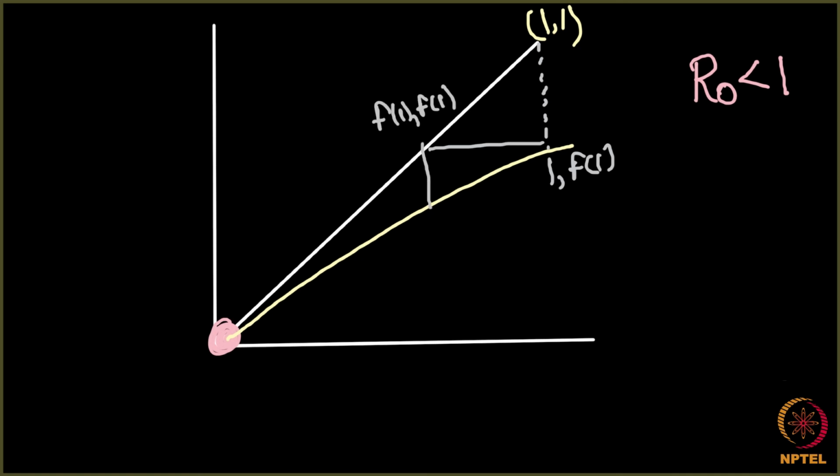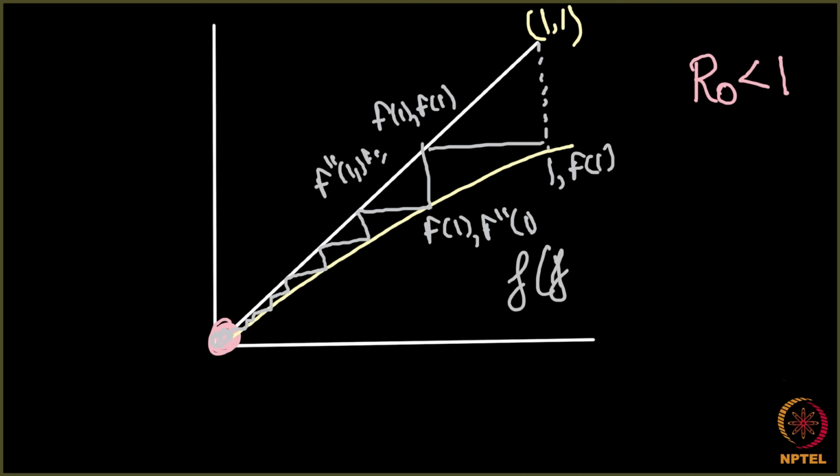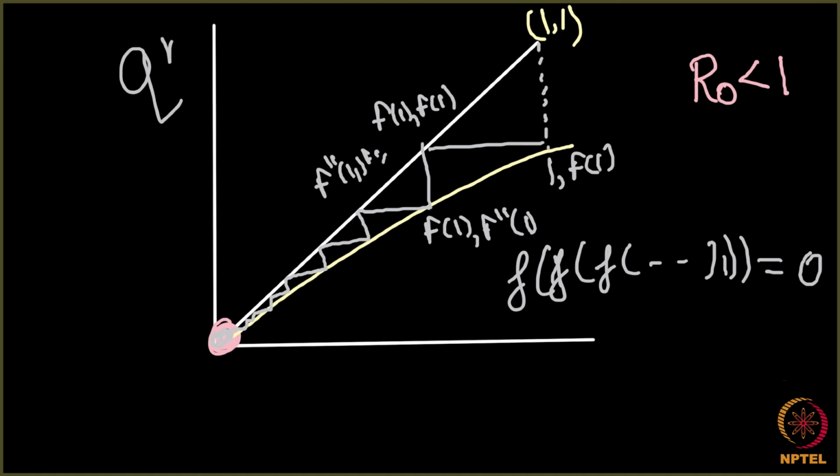Then I come here and get f of 1, f double dash of 1, and then f double dash of 1, f double dash of 1, and I keep doing this. Where is this going to converge? Definitely at 0. So when you do it infinite times, the process converges at 0. So in this case f of infinite times 1 turns out to be 0, which means that in this case q star equals 0.